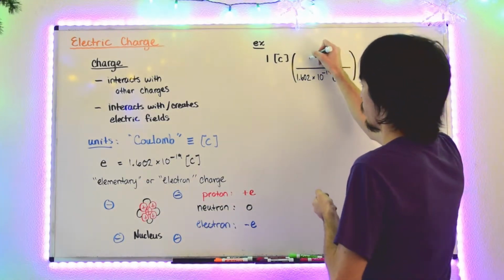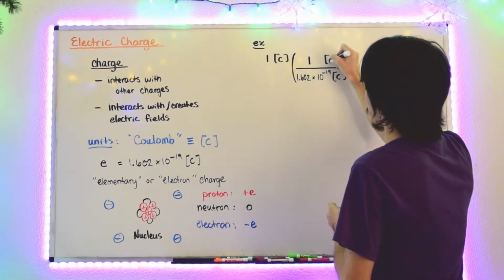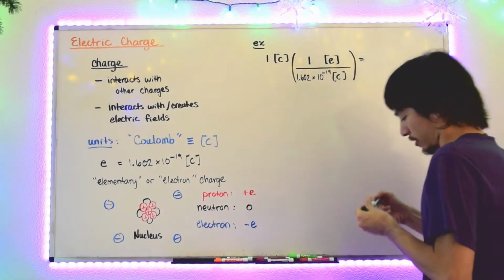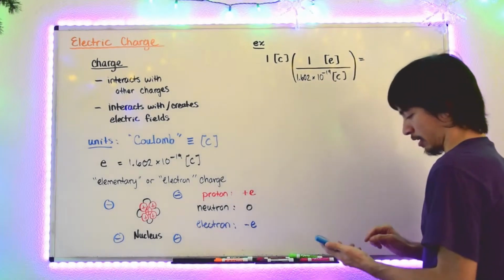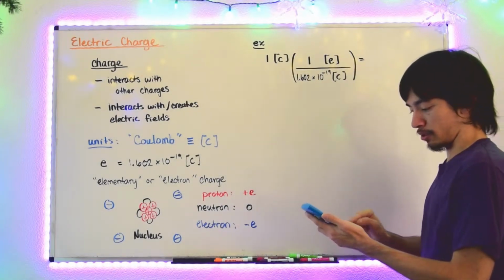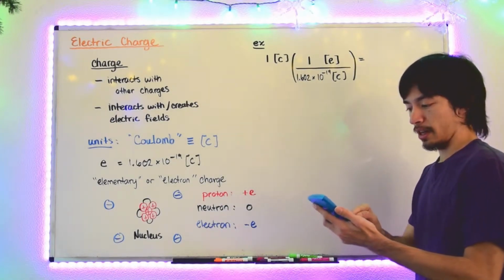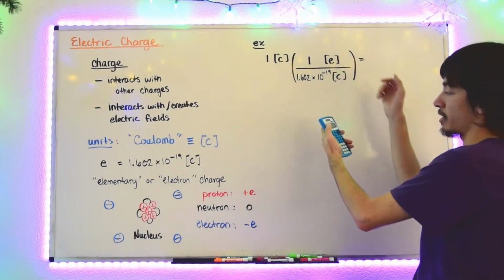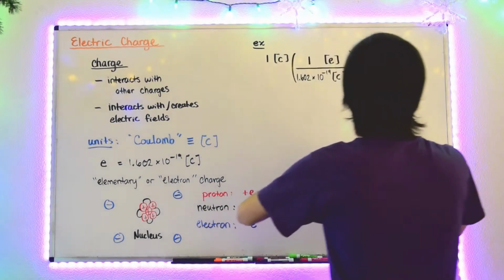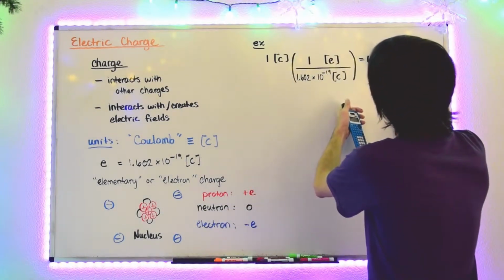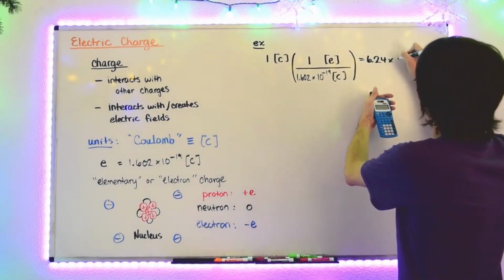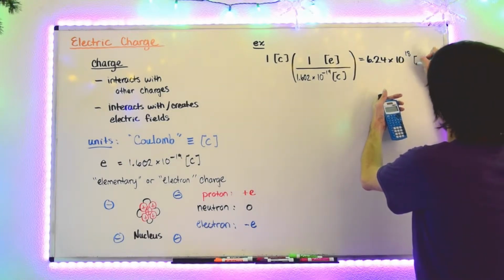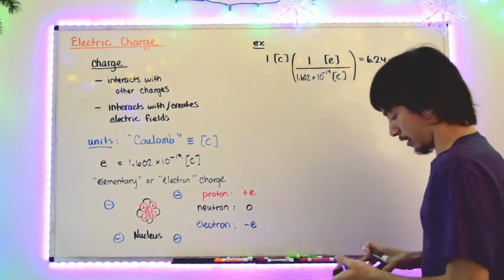So we write 1, and we can just abbreviate E for electron. Let's calculate this out. We have 1.602 times 10 to the minus 19th on the bottom. Flip it up. That's going to be 6.24 times 10 to the 18th electrons. Okay.